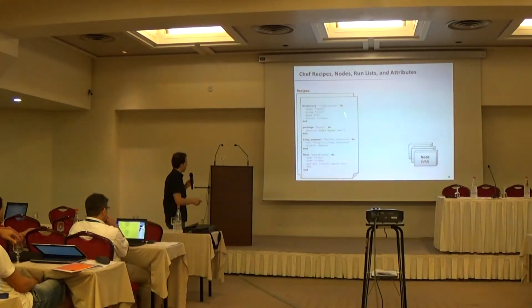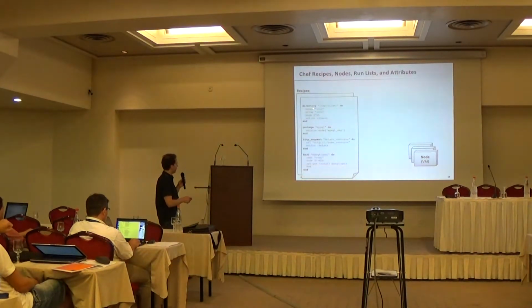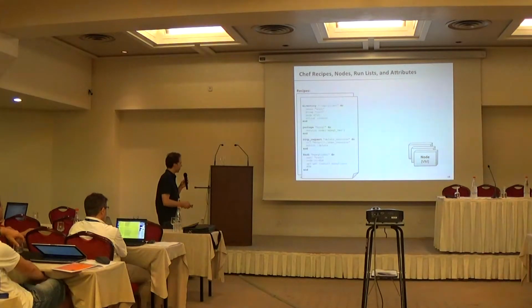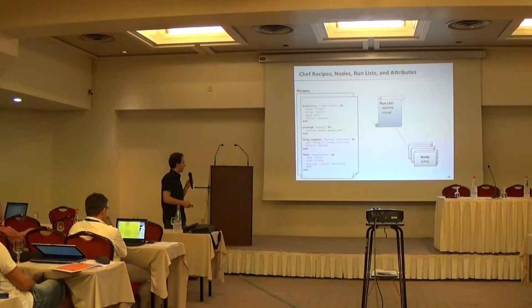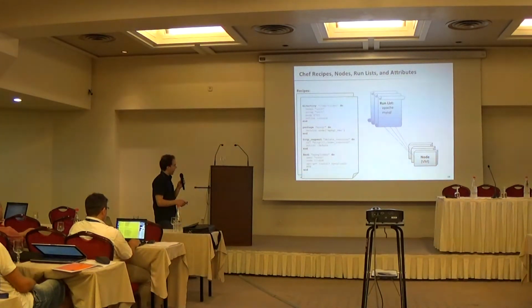So technically, a Chef recipe looks like this. You define a bunch of resources. For example, you say you need a certain directory which has certain permissions and so on. You use the package resource to install a MySQL package on this machine. Based on the run list, each node, for example, a VM in your application, has a run list associated.